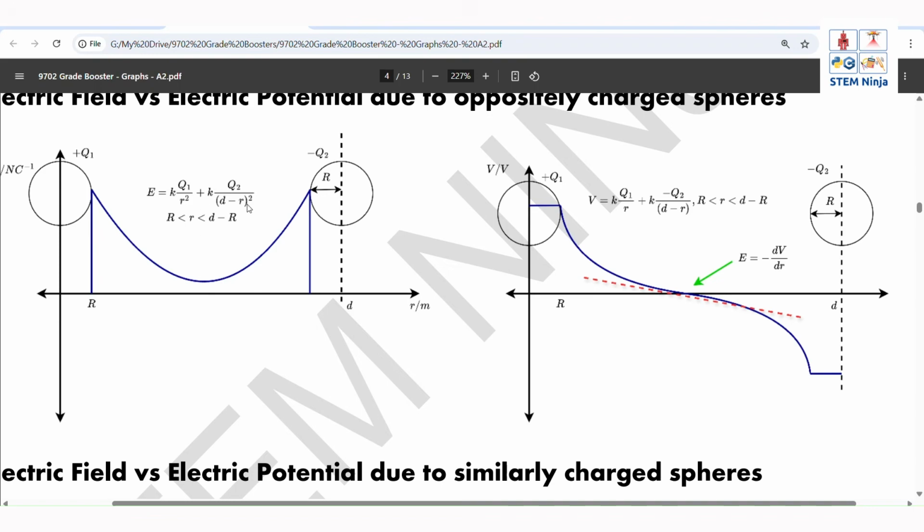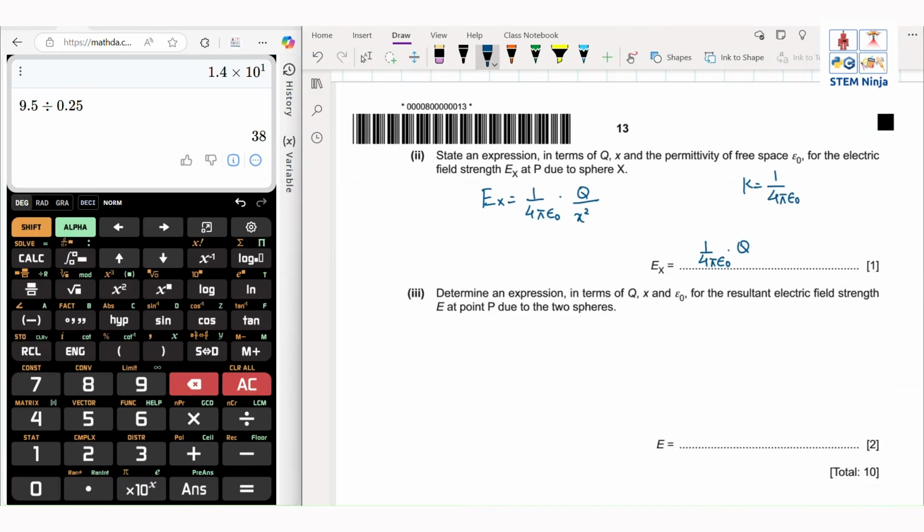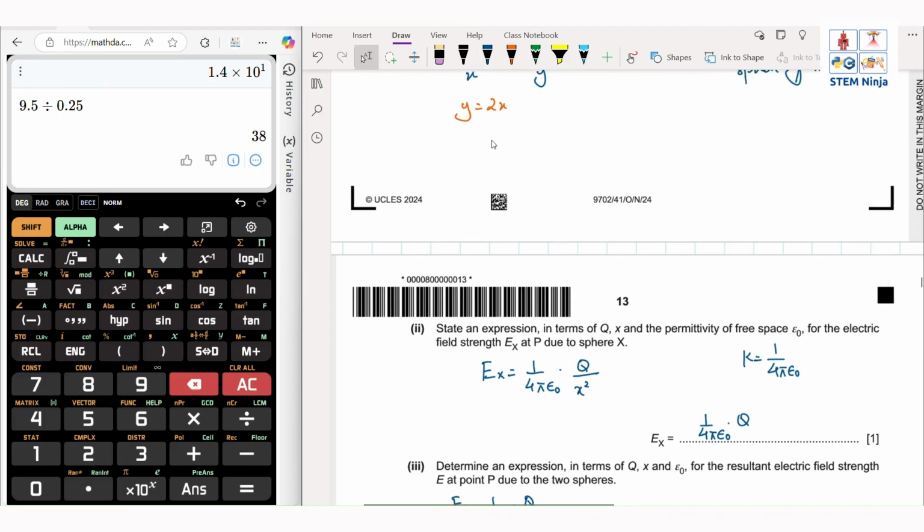So we need to find a similar expression for sphere Y also, and then add it with the electric field strength of X. So we have Ey equals 1 over 4 pi epsilon naught q over y squared, but y we already said is equal to 2x.